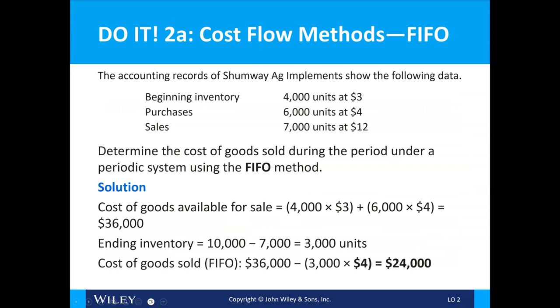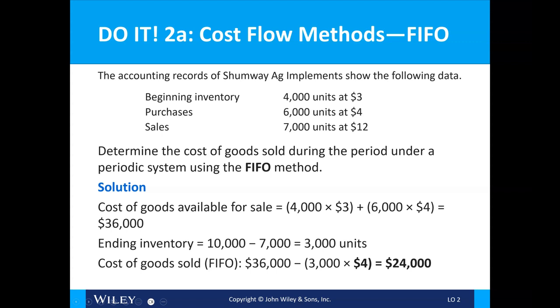Ending inventory, we have 3,000 units, okay, or I'm sorry, I'm reading this incorrectly. So beginning inventory is 3 times 4 is 12,000. Purchases, 6 times 4 is 24,000. So that's 36,000. And then we have sales at $12 to 7,000 units. So we're going to end up with 3,000 units basically.